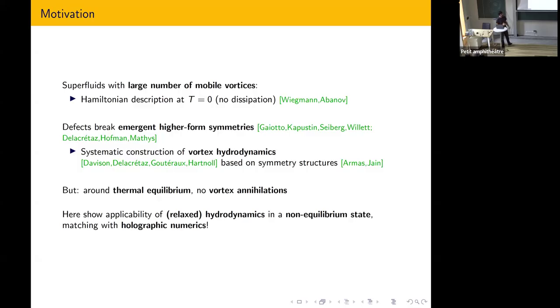This has been analyzed in the past, but mainly at zero temperature, so without dissipation. And we want to consider this system at finite temperature here. A significant development was when people understood that superfluids have some emergent, low energy emergent symmetries, which are of the higher form type.